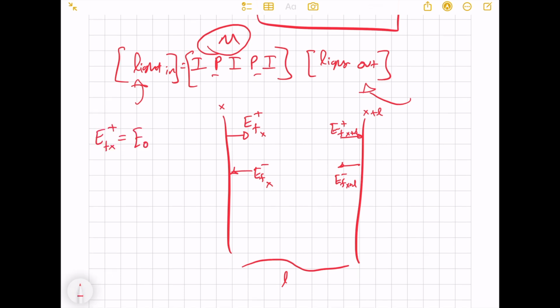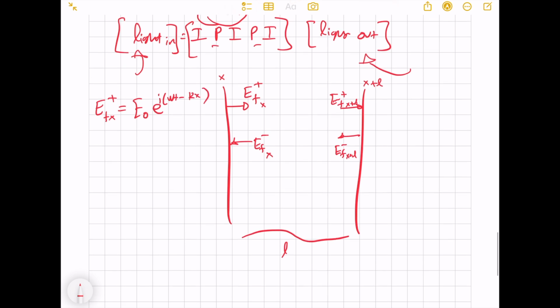E to the i omega t minus k x, and E film at X plus L, you see, would be E to the i omega t minus k, x, or rather k times X plus L.